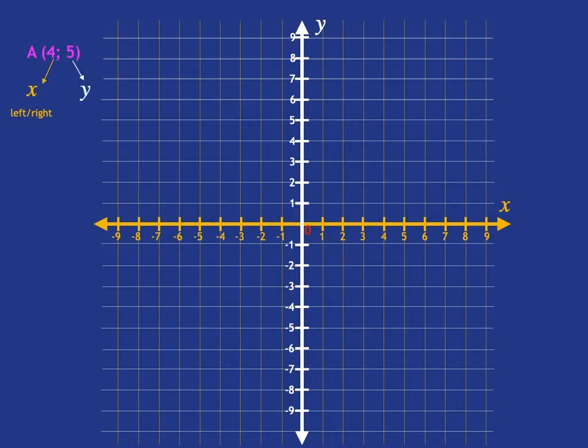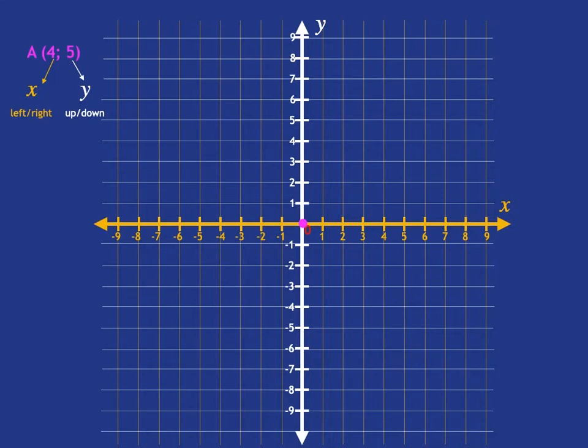The second coordinate is the Y coordinate, and that one tells me how far up or down from the origin we need to go. Let's have a look at it in practice. We always start at the starting point, the origin.